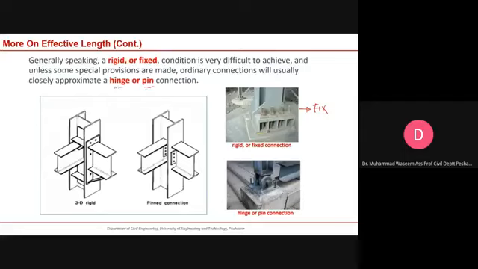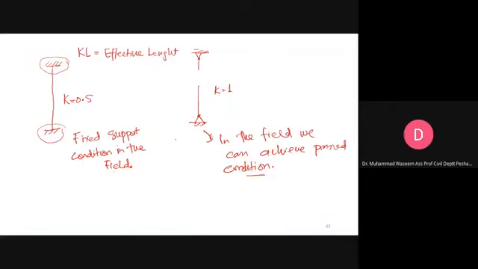The example of those special provisions is explained in this figure. You have to provide a lot of bracing and restraining arrangement at the connection. Otherwise, it can be modeled as a pin, as I have already explained.